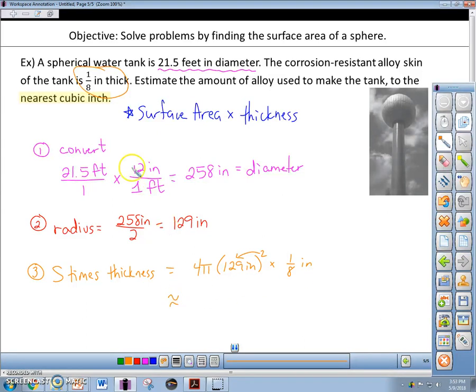And rounded, remember, to the nearest cubic inch, we are looking at 26,140 cubic inches.